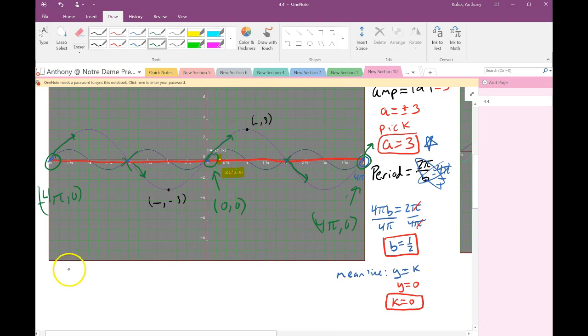So what we know now is that in our transformation, the point 0, 0 has to map to either negative 4 pi, 0, or 0, 0, or 4 pi, 0. It doesn't matter which one of those I choose.